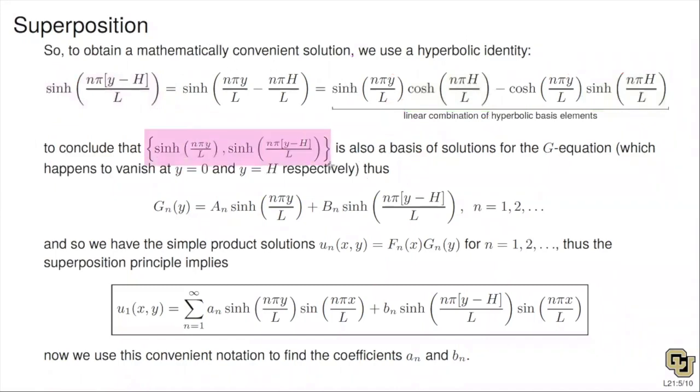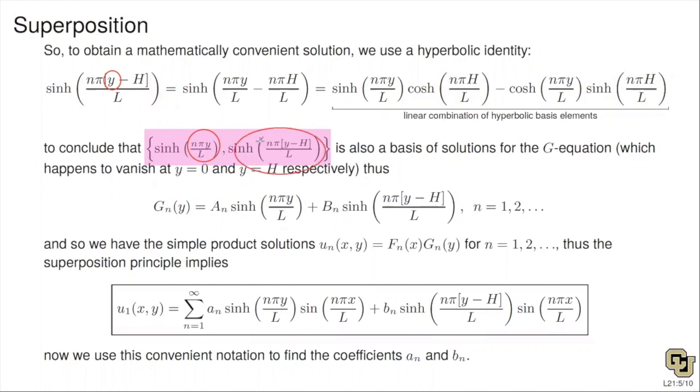So now finally, we get to where we're trying to go. We get to this new basis for our solution. And what's nice about sinh of n pi (y minus h) over L is, well, if we let y equal capital H, you get sinh of 0, which is 0. That was the whole point. Here, if you let y equal to 0, the sinh will disappear.